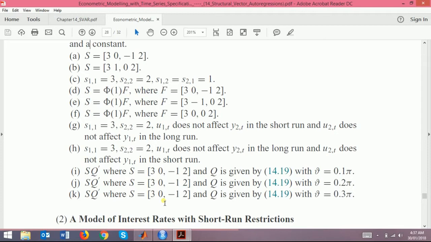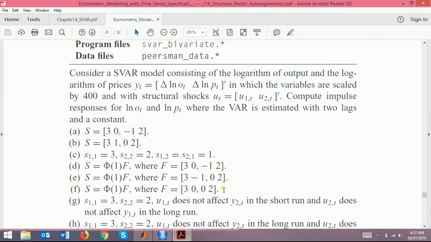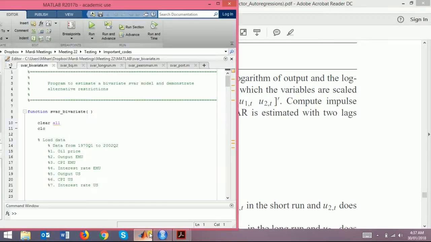Sorry, I kept mixing up the Greek letters; it should be gamma. It's very confusing, the Greek letters, and very difficult to remember. Then again a sign restriction, SQ transpose, where S is 3, 0, minus 1, 2 with gamma 0.3 pi. So this is our first problem, and hence let's focus on the first problem only, SVAR bivariate.